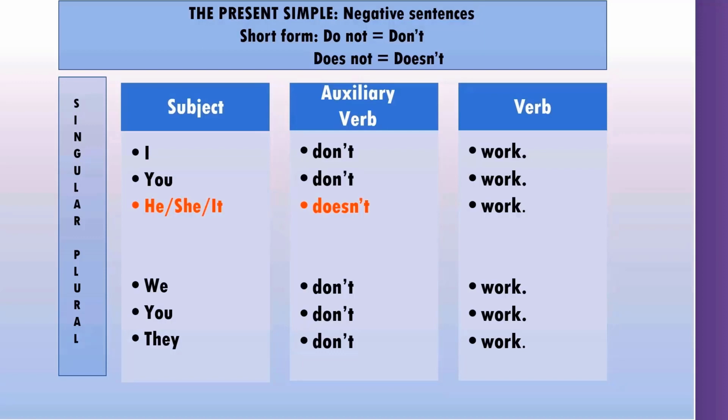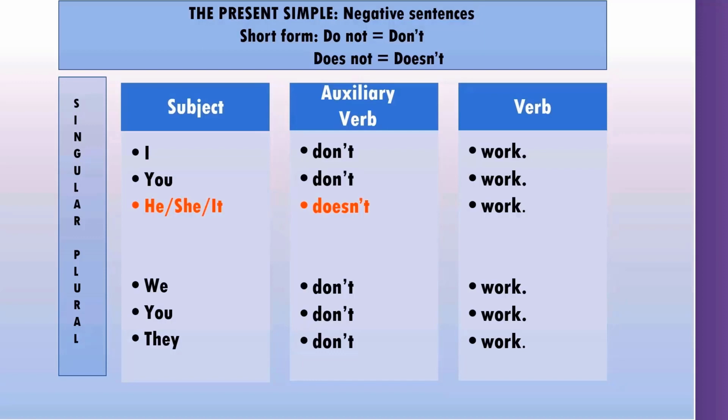But here, the change is that we've got an auxiliary verb, the helping verb. Then we've got the main verb, which we did have in the positive sentence. But remember, in the positive sentence, when it was the third person singular, the main verb changed.